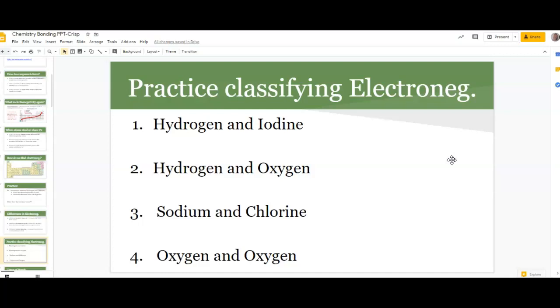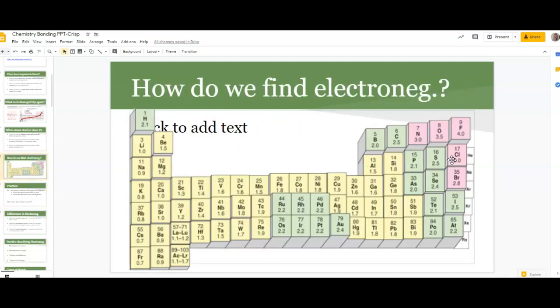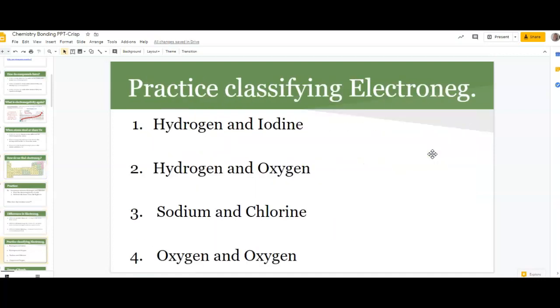So take a moment. We're going to go back to our chart here, and I want you to record what those numbers are in terms of electronegativity. Take a moment to do that now while I do that as well, and then you can use those when we get back to the other slide. All right, I have written them down, and we're going to go back and do this together.